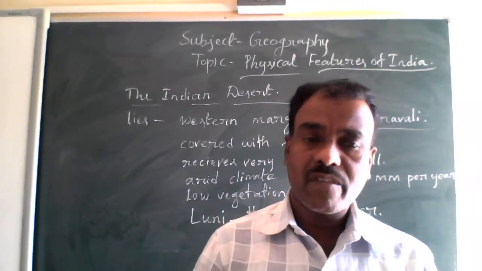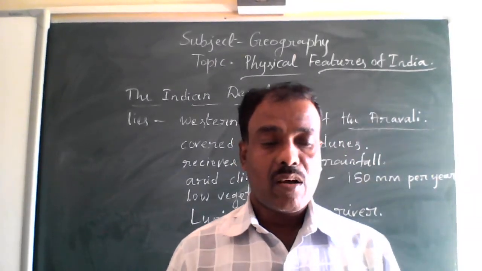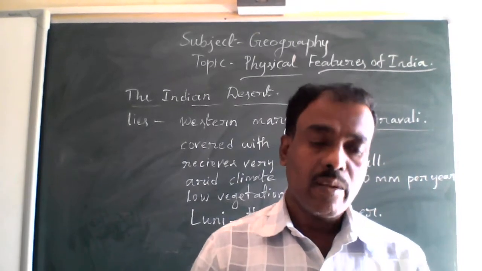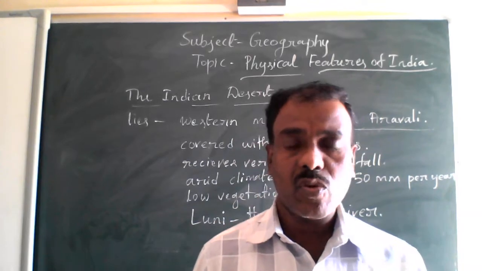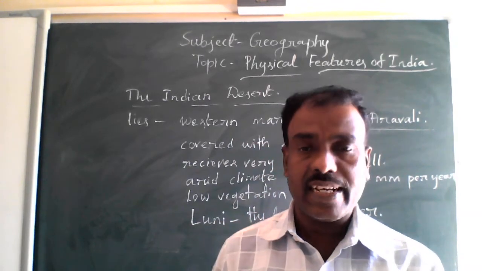If you visit Jaisalmer, you can see a group of these barchans, crescent shaped dunes. So this is all about the Indian desert.